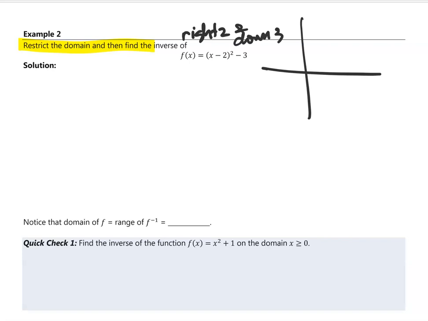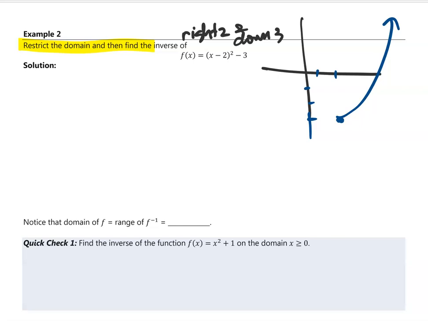So let's do that. Right 2 and down 3. So that is a parabola, so you can have a parabola like this. But now we are restricting the domain. So let's just use the positive side here. So we're going to erase this part here. So we want to get the inverse of this.